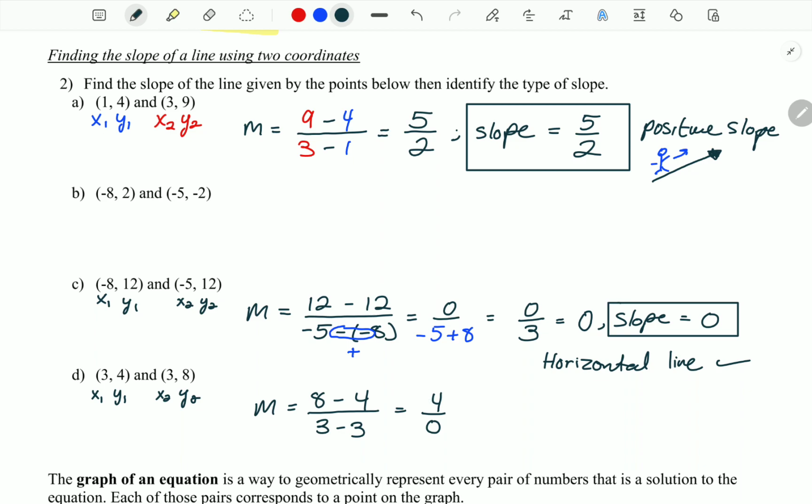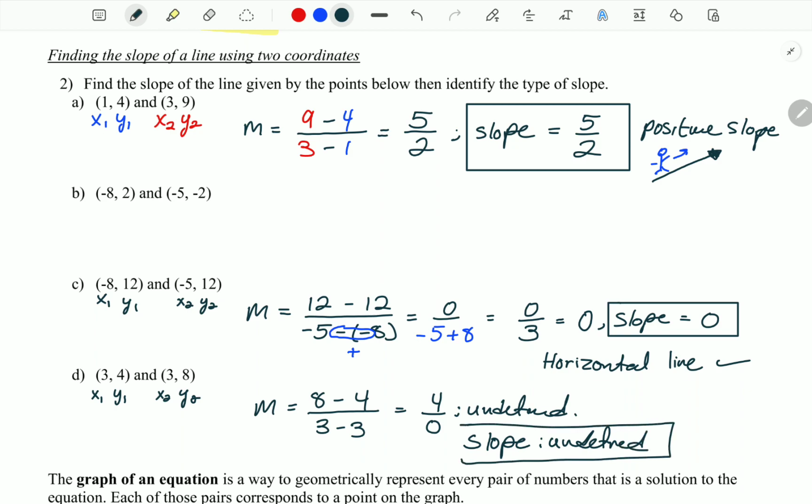Any number divided by 0, with the exception of 0, is undefined. This slope is undefined. And when the slope is undefined, we have a vertical line.